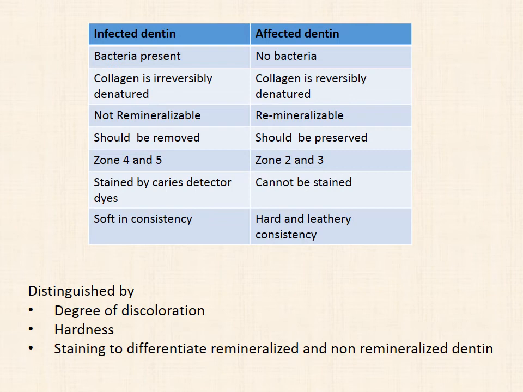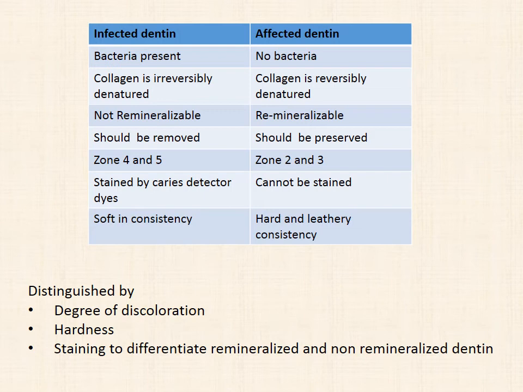It depends upon whether the dentine is infected or affected. Infected dentine will have bacteria present in it, while the affected dentine will have no bacteria. So the affected dentine can be left on the tooth surface, while the infected dentine has to be removed. In infected dentine, the collagen is irreversibly denatured, while in affected dentine the collagen is reversibly denatured.